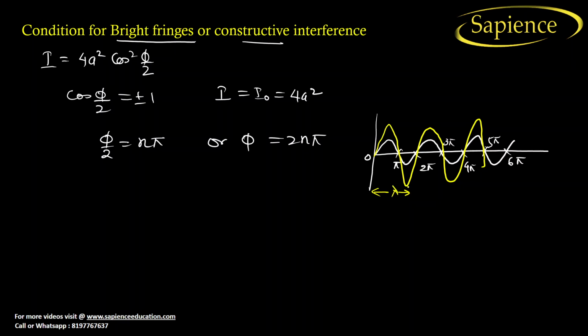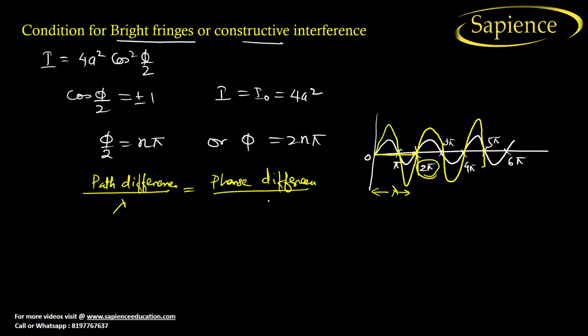So the path difference will be lambda, and for the distance traveled to be lambda, the phase difference should be 2 pi. So if we write like this, path difference divided by lambda, so the phase difference is equal to 2 pi. So for path difference to be lambda, phase difference is 2 pi.